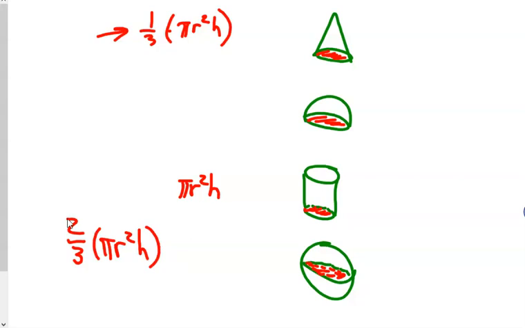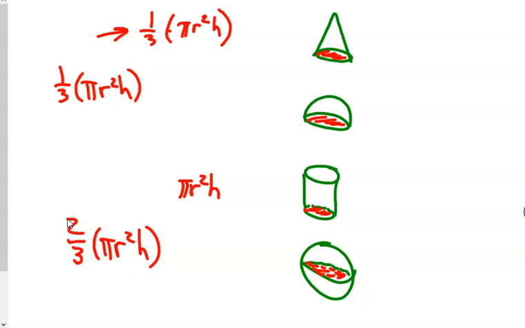And the hemisphere, 1 cone actually filled up the hemisphere. So the cone and the hemisphere actually have the same volume if they have the same height and the same circle base.